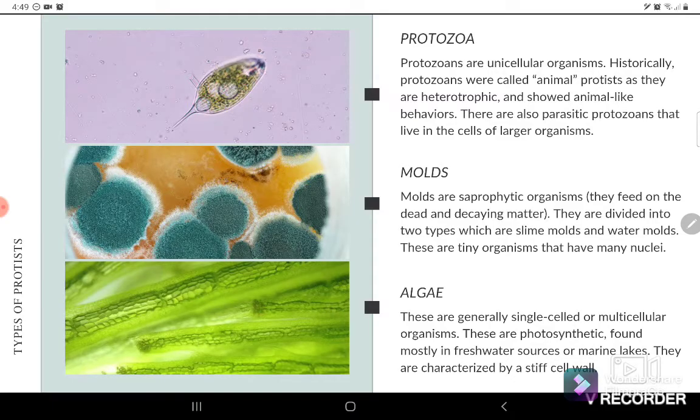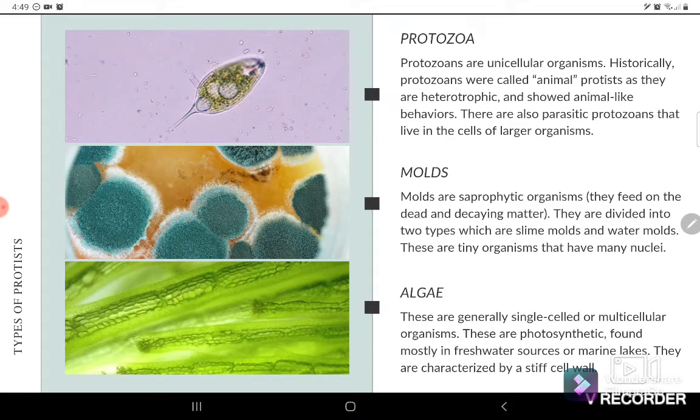And then another characteristic that differentiates the Euglena from the other protozoans is its capability of doing photosynthesis. So that is for protozoa.